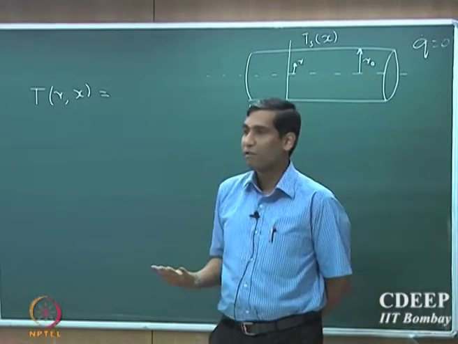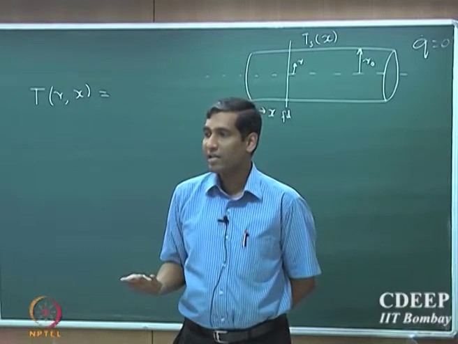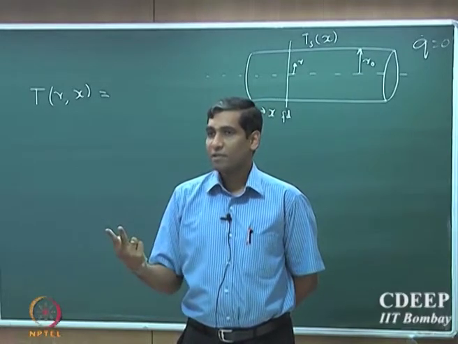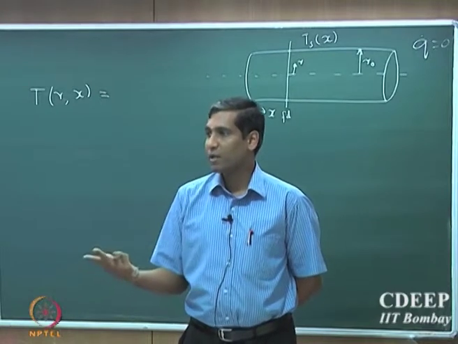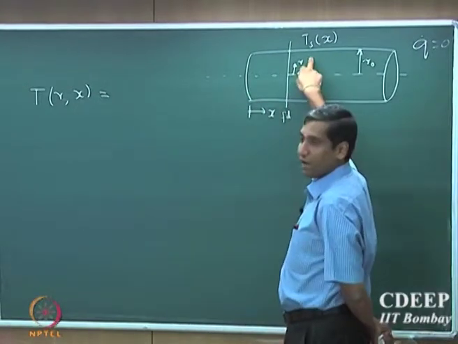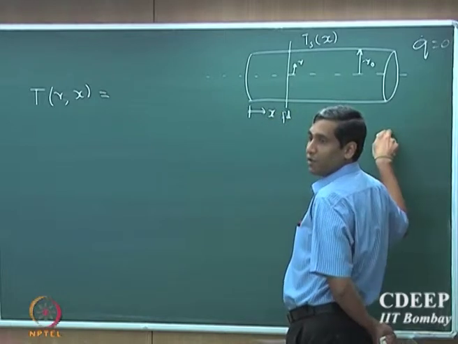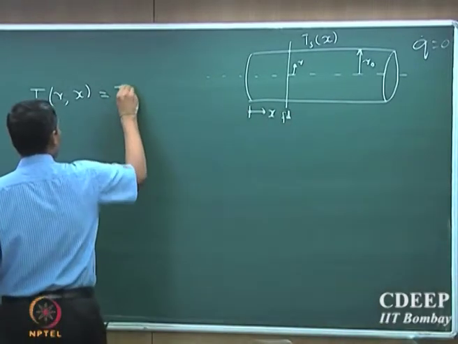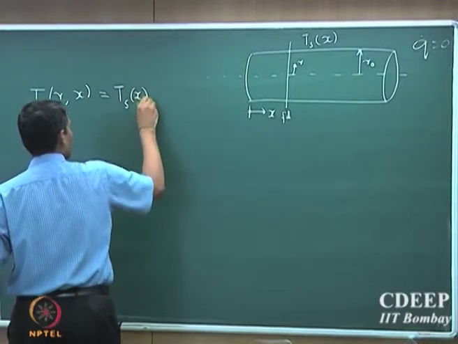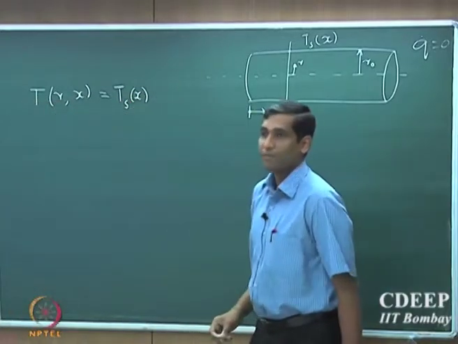So it is by separation of variables you should be able to get two functions. It will be a product of two functions. One will be a function of the radial direction, one will be a function of the axial direction. Okay. So therefore the general form of the solution will be Ts of x.